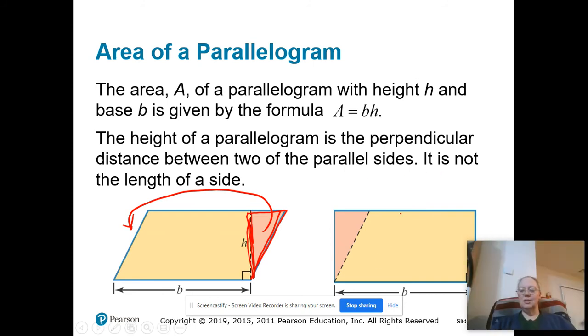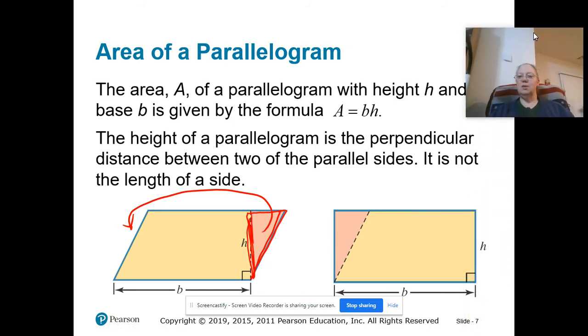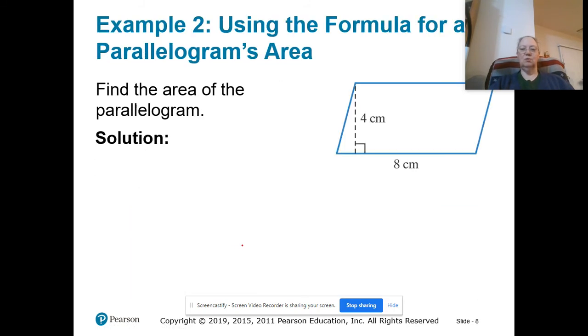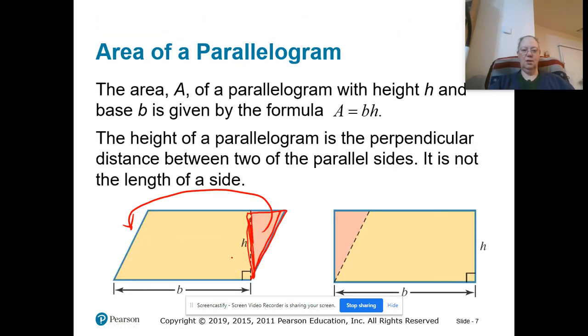As you can see, it looks like a rectangle where the width, we call it H, and the length, we call it B for base.